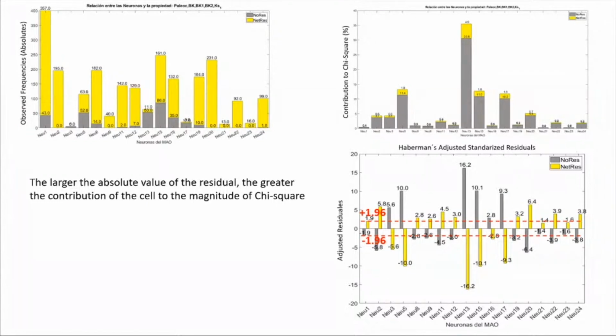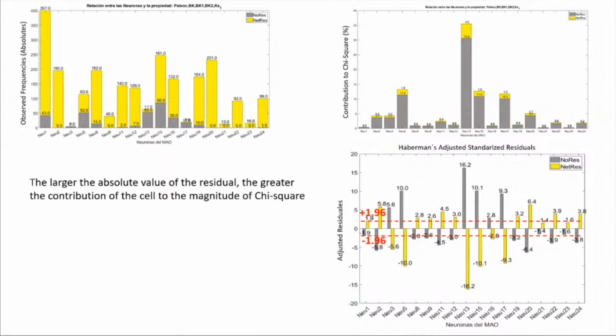And an adjusted residual that is less than minus 1.96 indicates that the number of cases in that cell is significantly smaller than would be expected if the null hypothesis were true. In other words, cell-by-cell comparison of observed and estimated expected frequencies helps us to better understand the nature of the evidence.